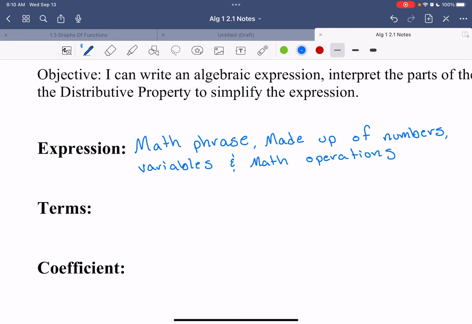Okay. So, for example, 16 plus 5 is an expression. This one's just made up of numbers, but it's just a phrase.